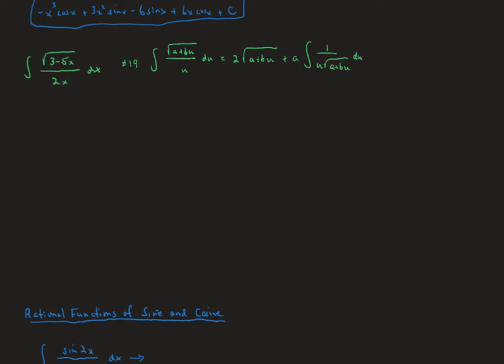So in this case, we are going to choose the a to be 3, our b is going to be negative 5, and our u is going to be x.